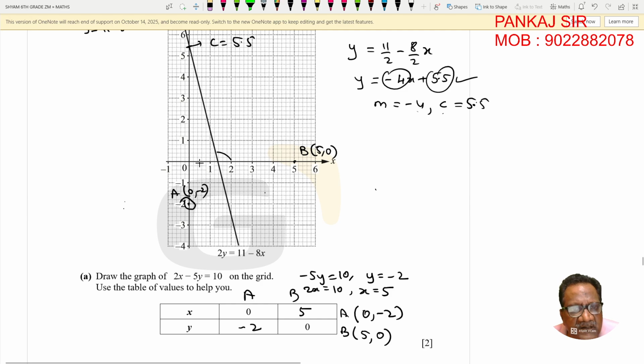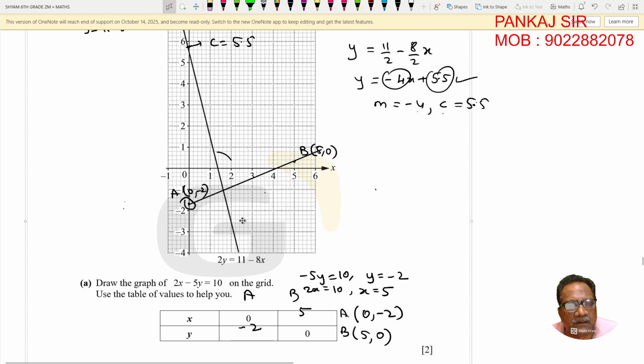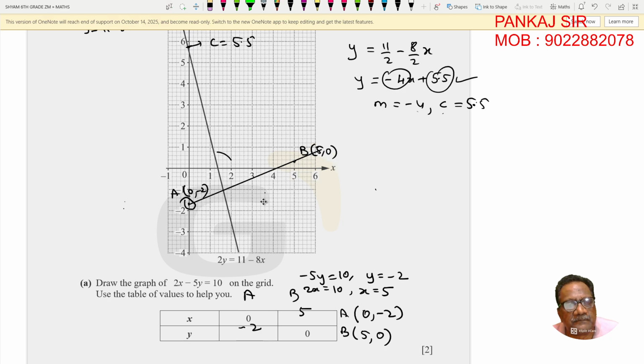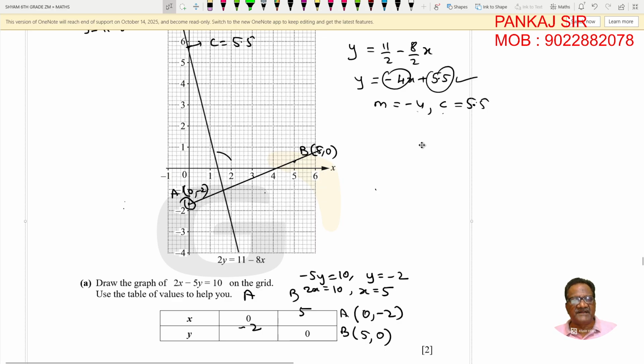This is going to be a line, right from here. Okay, fine, so this is my graph, right?